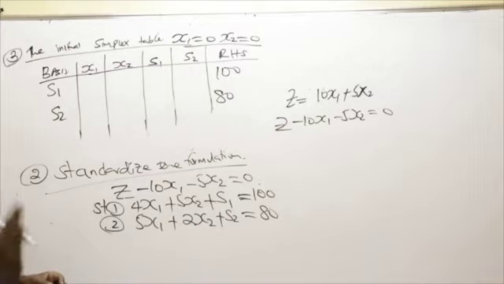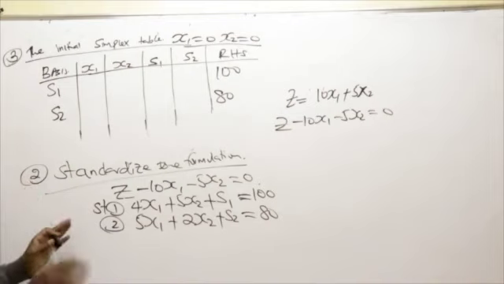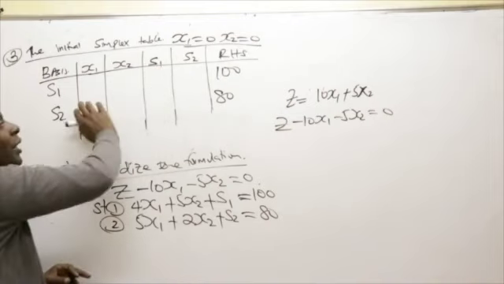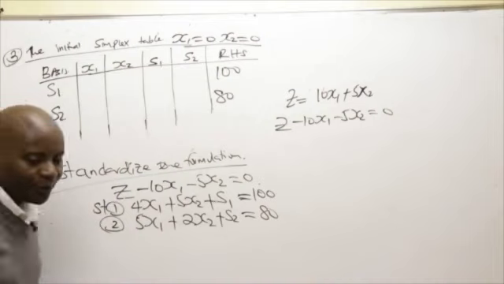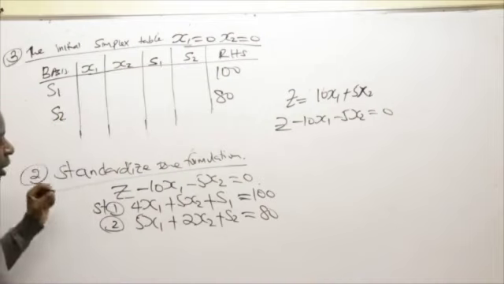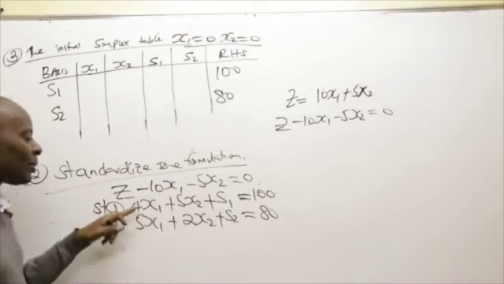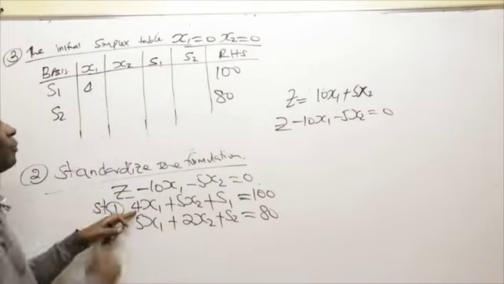Now, ladies and gentlemen, listen to me very well. After you have transferred these particular parameters the way you have done, come and fill this table inside here with coefficients. So we start with constraint 1 coefficients. The coefficient of x1, the number that comes before x1 here, is 4.